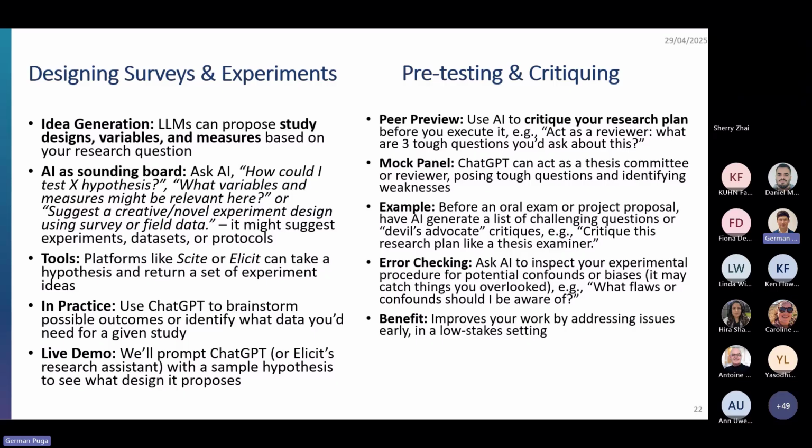So again, we're about to run this survey experiment. I just want to refine it first, make sure I got everything right before I push it out. It's really expensive to go back to 1,000 people on MTurk or something like that. Let's get this right the first time. Another use case, maybe catching errors or flaws again.